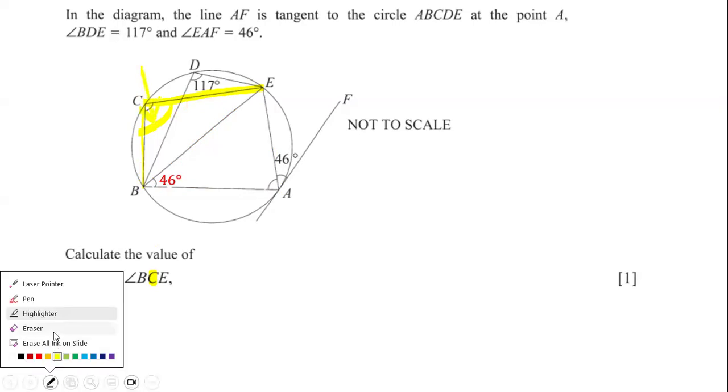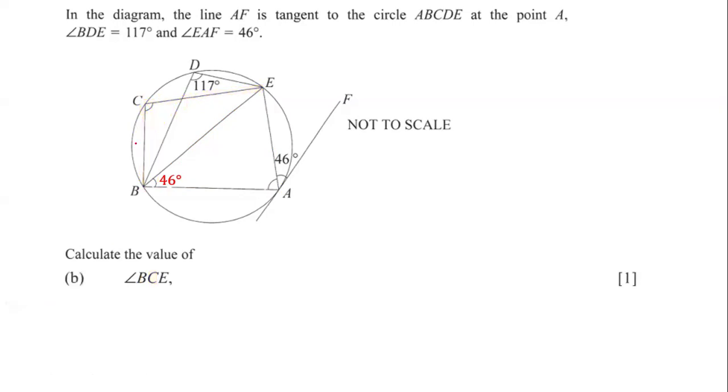Now, in order to do this, we can use the bow tie rule. Let me show you the bow tie. So you have this, and then go over here, and go over here, and then go over here. So as you can see, it looks like a bow tie. The bow tie rule says that if this angle right here is 117 degrees, this angle here must also be 117 degrees.